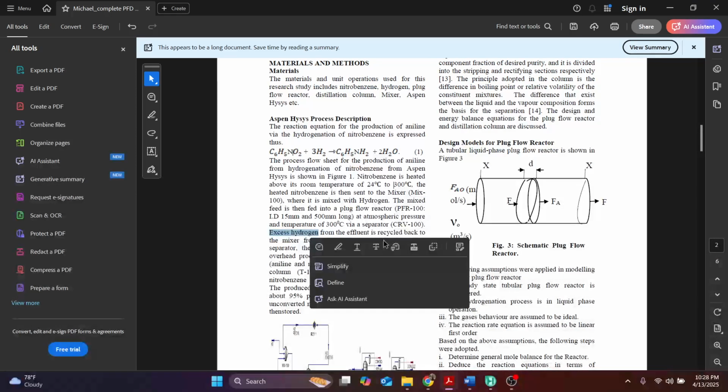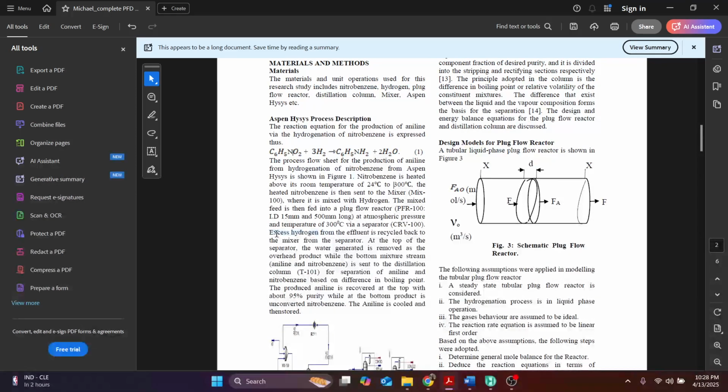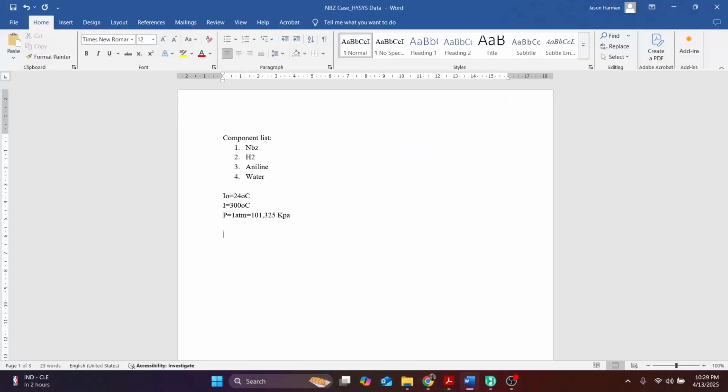This is an important thing to note, because it means the limiting reactant is the nitrobenzene, whereas the hydrogen is in excess. As a matter of fact, we'll be adding it at a ratio of 1 to 3 of NBZ to H2.